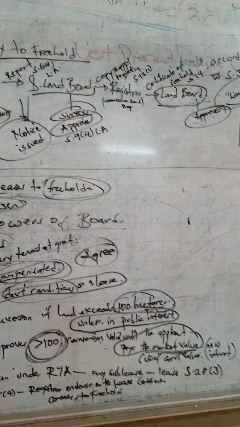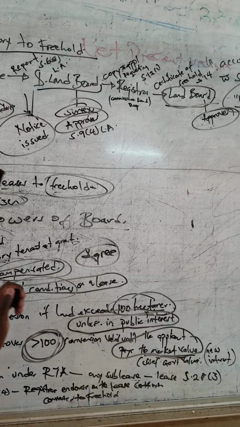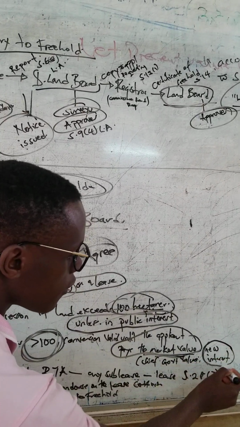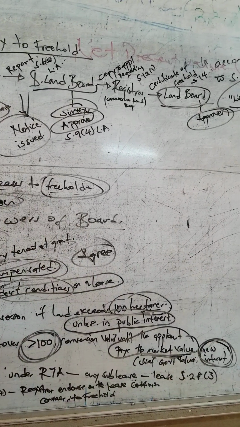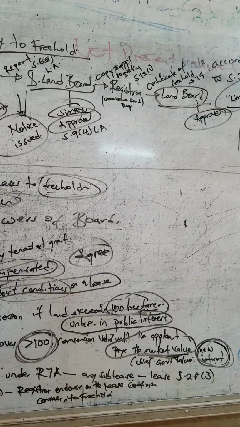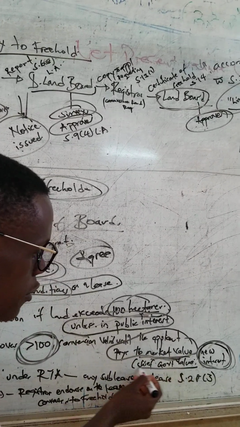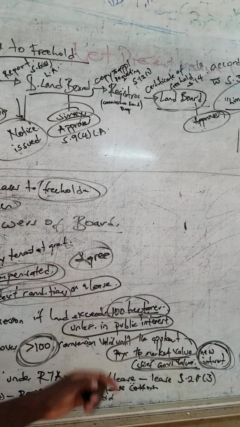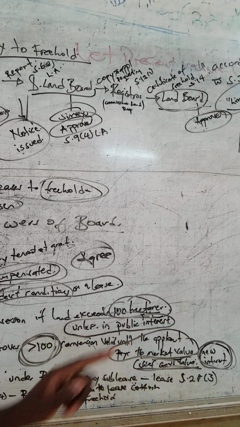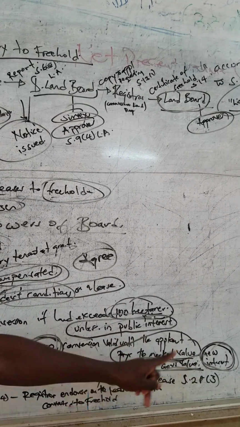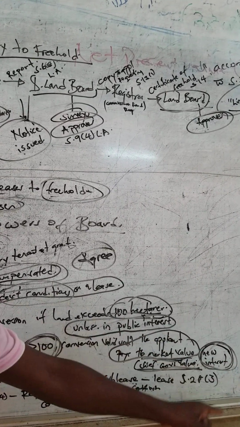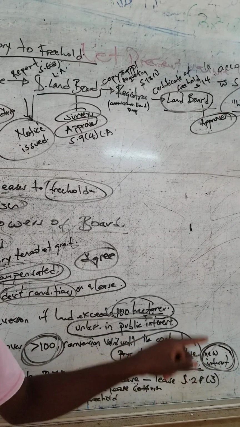What do I mean by market value? This market value is like the new interest on that particular piece of land, but it is determined by the chief government valuer. Again, government has that chief government valuer. So you must pay that market value, which is the new interest, determined by the chief government valuer.